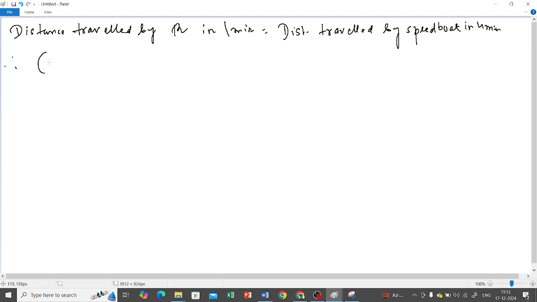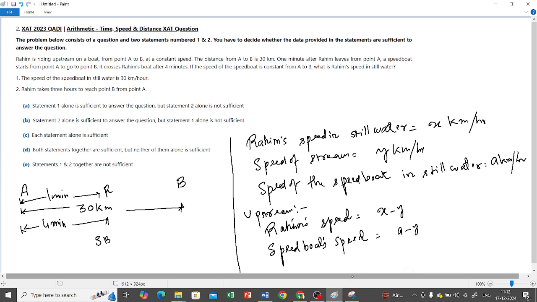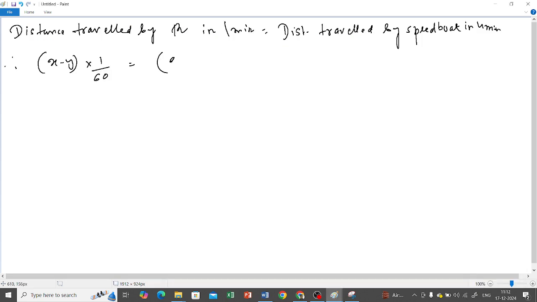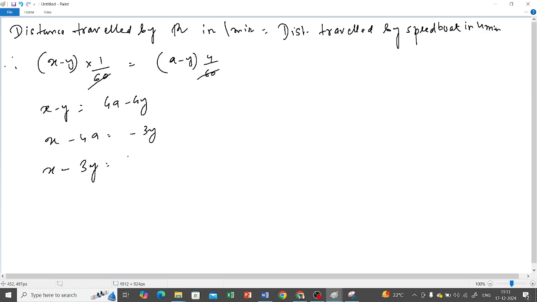So what is the speed? x minus y, right? And what is the time? 1 by 60, as 1 minute is 1 by 60 hour. For the boat, what is the speed? a minus y. And what is the time? 4 by 60, right? These two get cancelled out. x minus y is equal to 4a minus 4y. So x minus 4a is equal to minus 3y. So this is the equation I have.